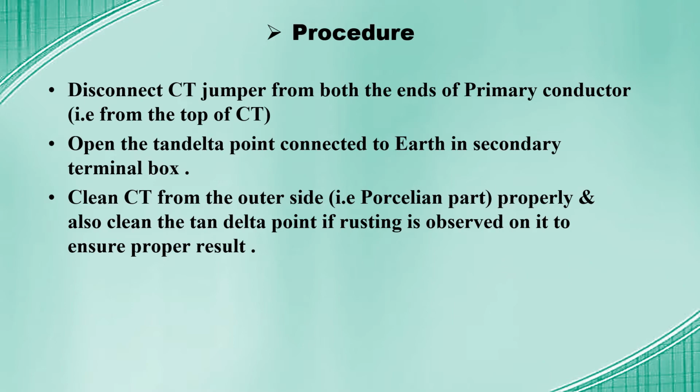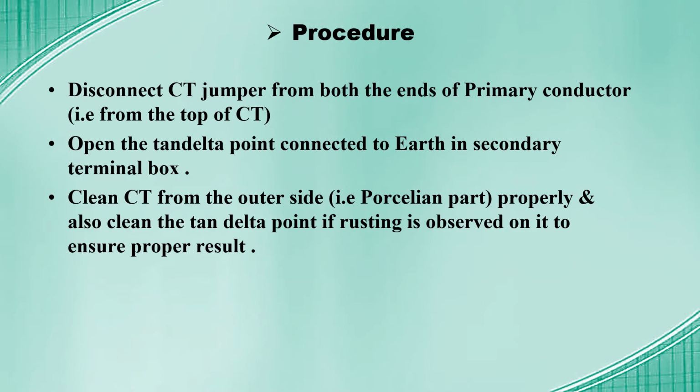If it is improperly cleaned, dust or water particles get attached to the outer surface of the CT, because porcelain is hygroscopic in nature, and because of this it increases the resistive current in the CT.